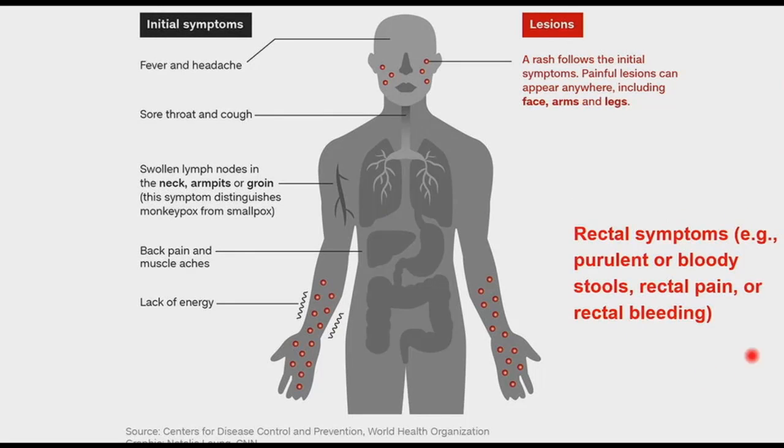Also in this outbreak, many patients report rectal symptoms. For example, purulent or bloody stools, rectal pain, or rectal bleeding. So this unique manifestation is different from the previous endemic monkeypox.